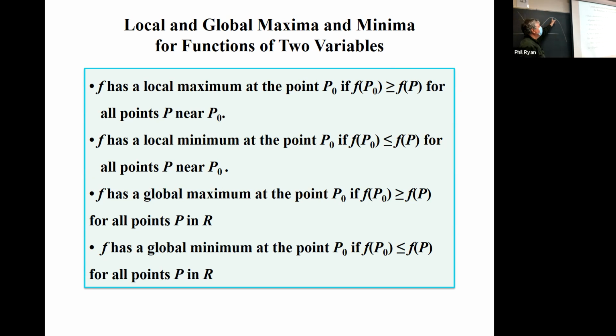This was a local maximum because nearby, it's the highest thing. It's like you're on top of a hill. As distinct from a global maximum and minimum, which means that it's the greatest value for any x.